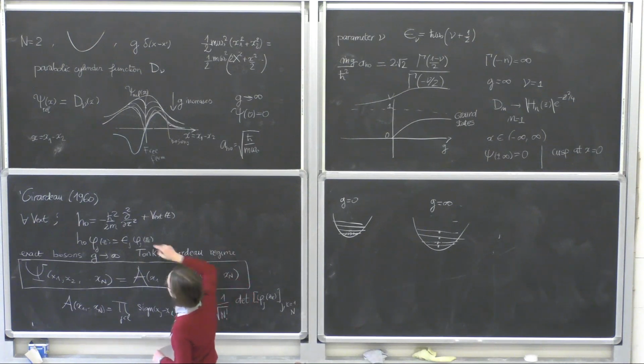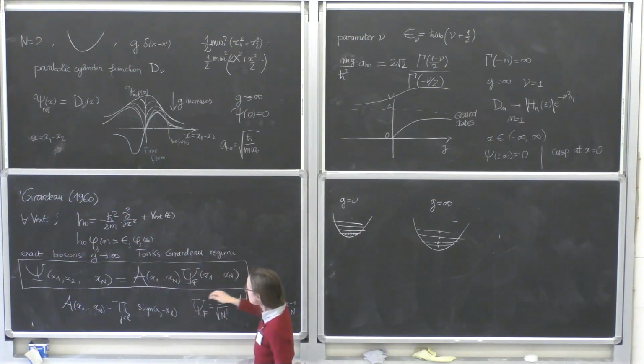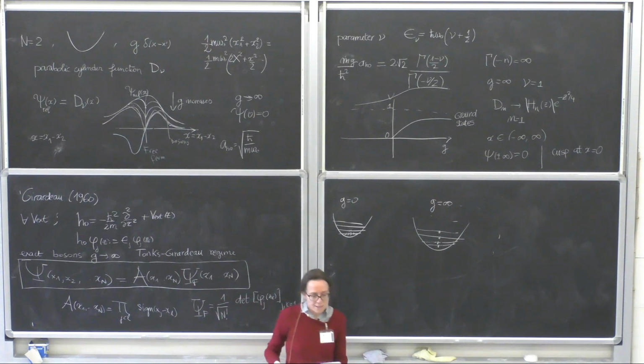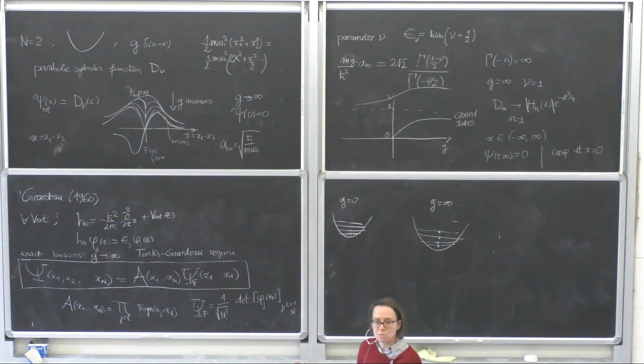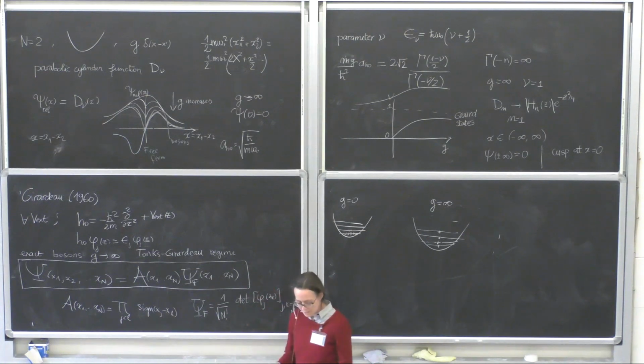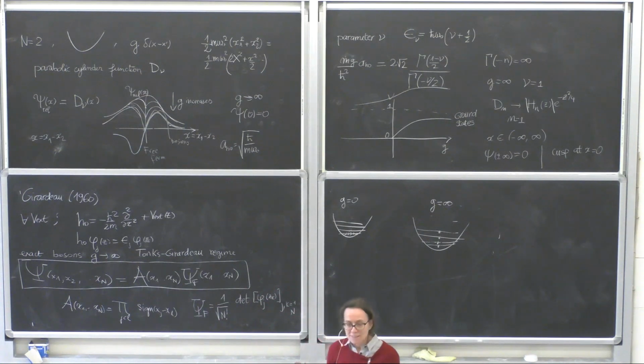So Girardot, you saw, is the person who found the solution, and Tonks is the person who identified this model of hard core particles, but was studying it in the classical regime. So let's say that Girardot has really given a great contribution, so, yes?